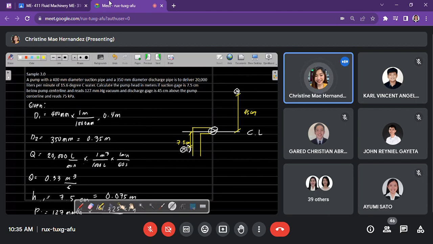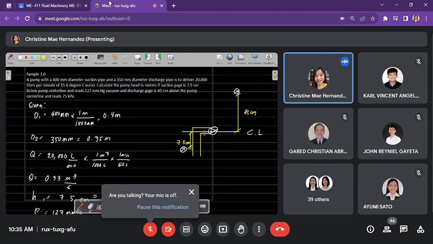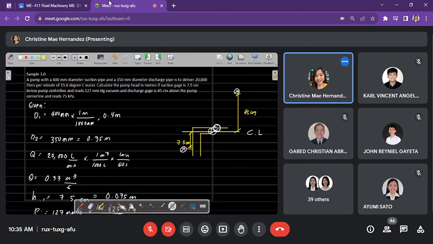So, may nakakonektang pressure gauge dito. Then, meron din tayong 350 mm sa discharge pipe. Okay, so meron na tayong pump, then yung mga pipes.